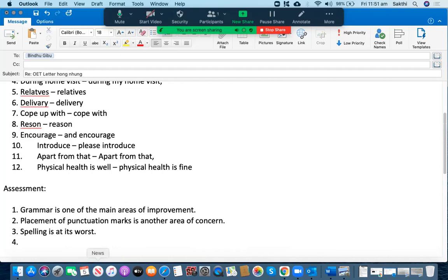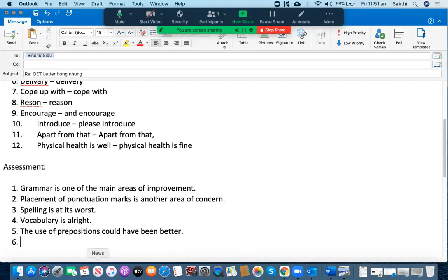Let's go through vocabulary. Vocabulary is all right. The use of prepositions could have been better.